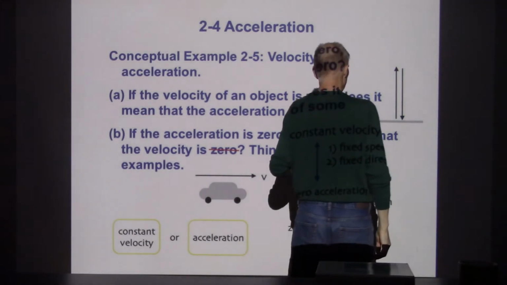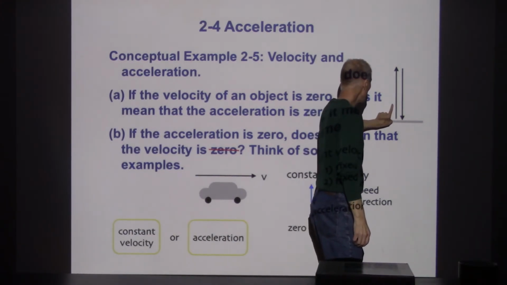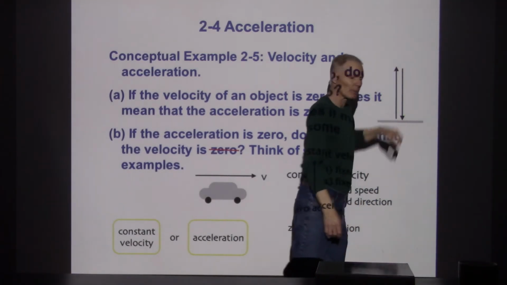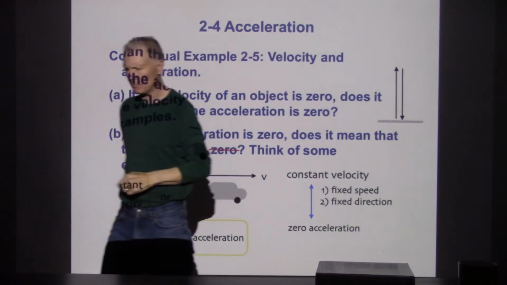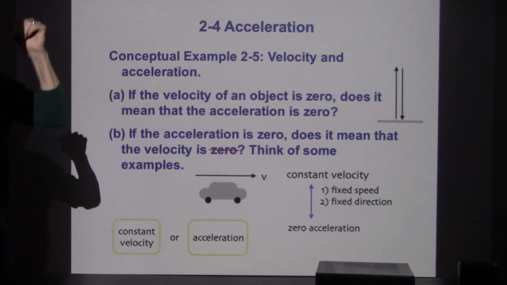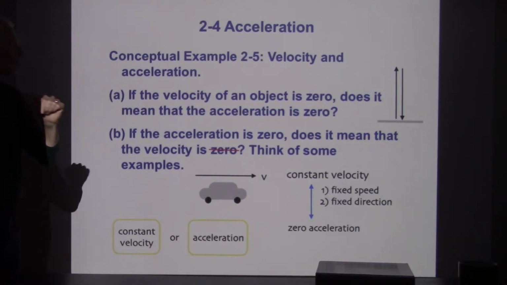So if we throw something into the air, its velocity is upwards until it gets to the very top, and it's decreasing. There is a moment right at the top where its velocity goes to 0, but the acceleration is still downwards. So there is still a force acting on it, pulling it back towards the Earth, and there is still an acceleration.